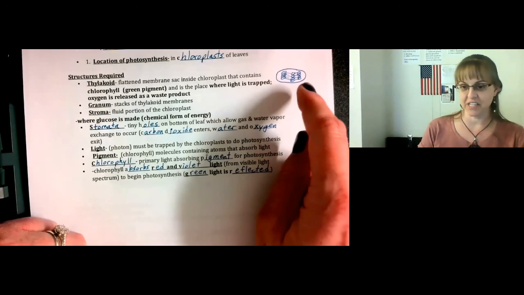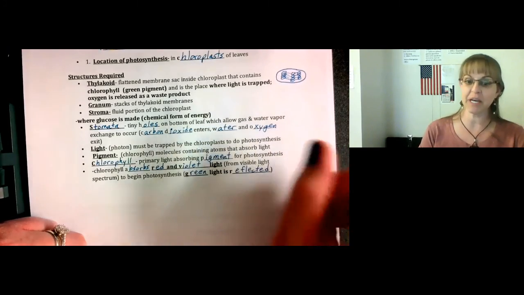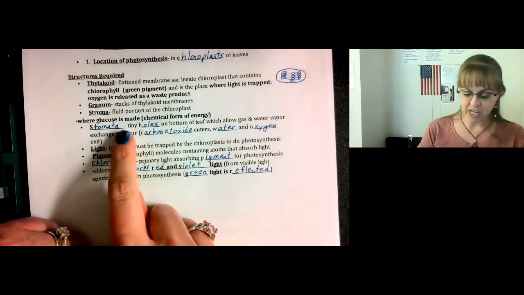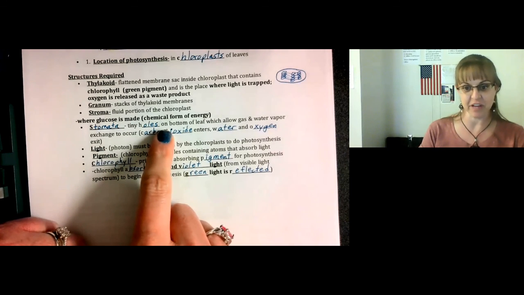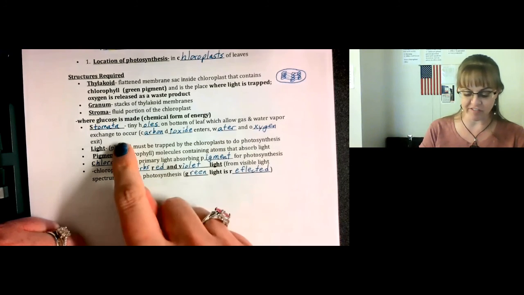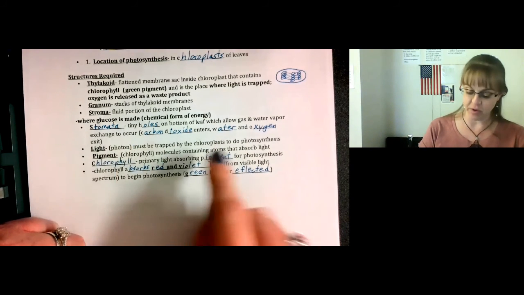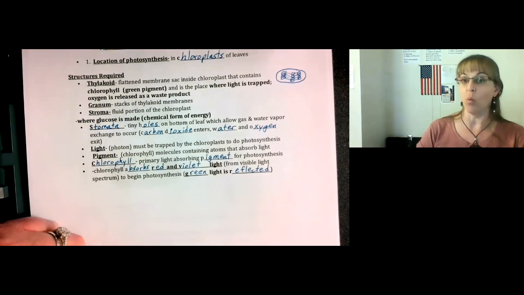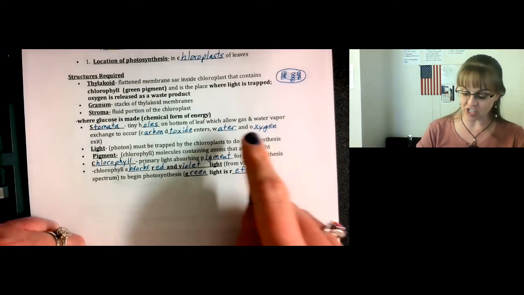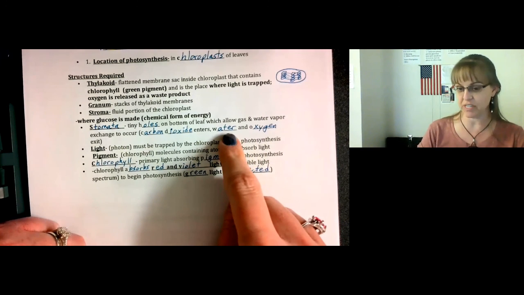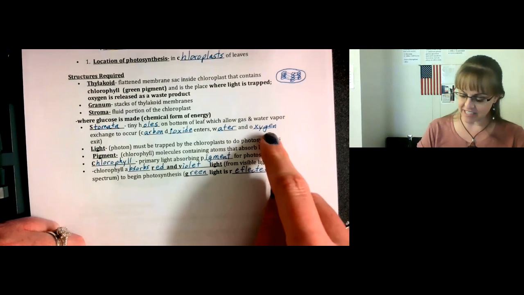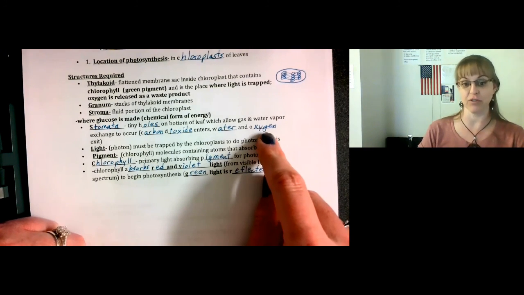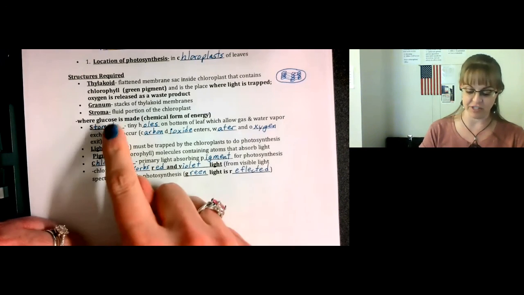Inside the chloroplast is where the glucose is made, but there are tiny holes on the bottom of the leaf that allow gas and water vapor exchange to occur. So in other words, these holes let in the carbon dioxide, water enters through the roots, and then when it's finished, it actually lets a little bit of water out, even though it doesn't produce the water, some water still escapes, and oxygen exits through those holes on the bottom of the leaf called stomata.